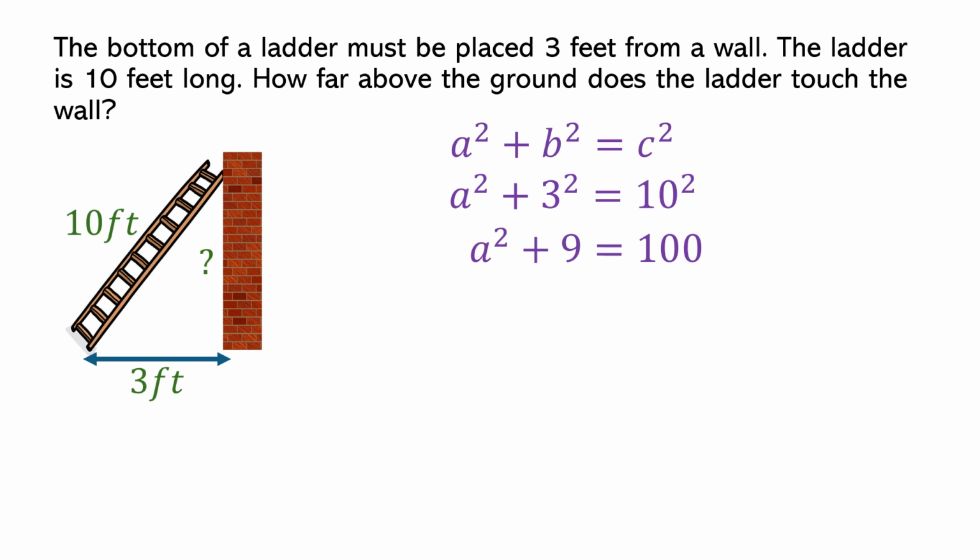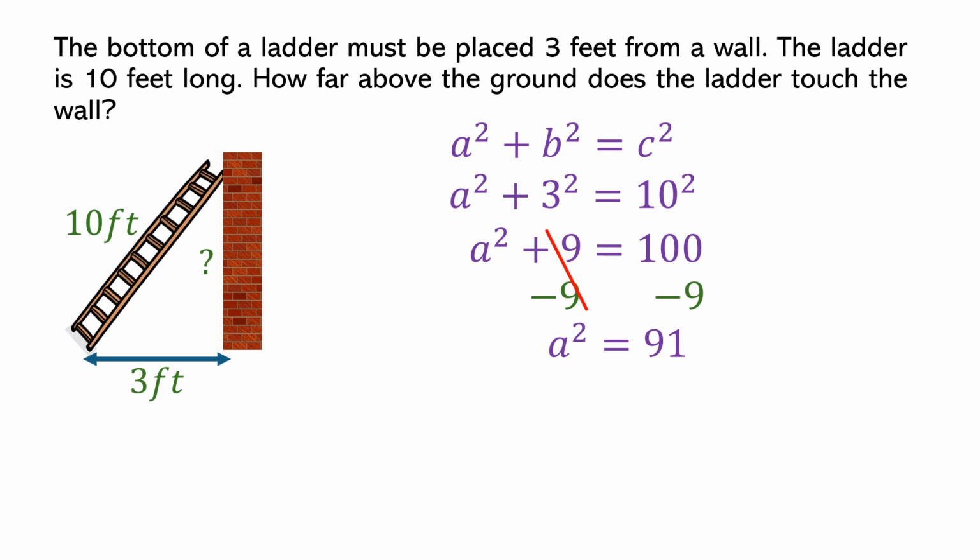Then solve for a. If you say solve for an unknown variable, we're going to separate the terms with a and without a. Since 9 doesn't have a, we're going to remove it by subtracting 9 from both sides, so that we can cancel it since 9 minus 9 is 0. What's left on the left side is only a squared, while on the other side 100 minus 9 is 91.